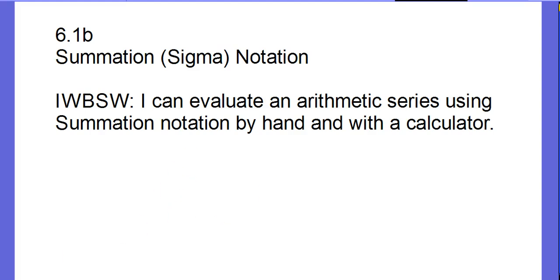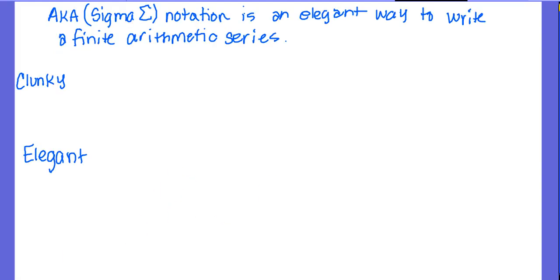So here we go. We're going to start off with the definition of summation notation, also known as sigma notation. Basically, it's a sophisticated way to write an arithmetic series. So it's a finite series. It won't be an infinite series.